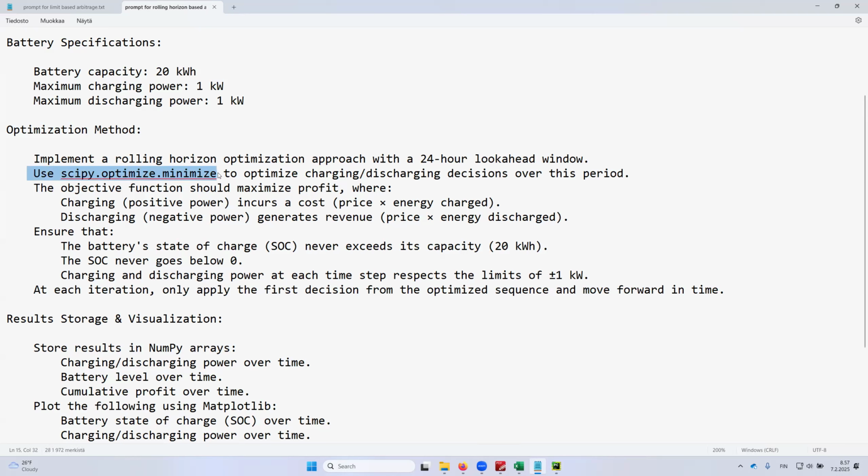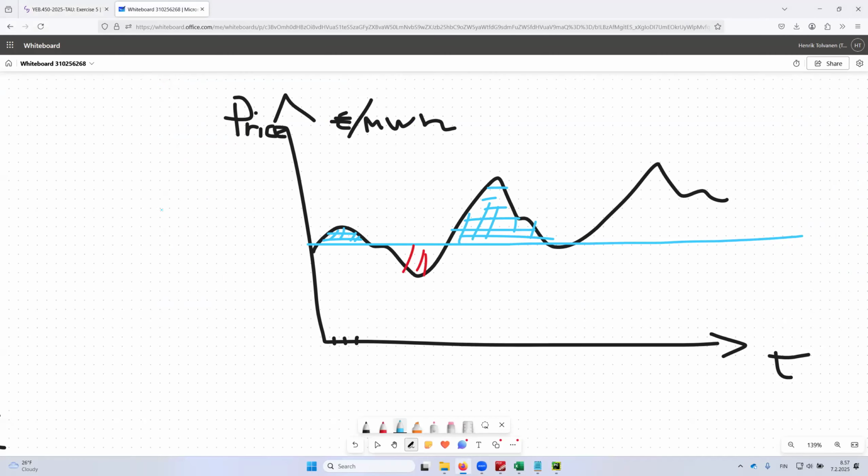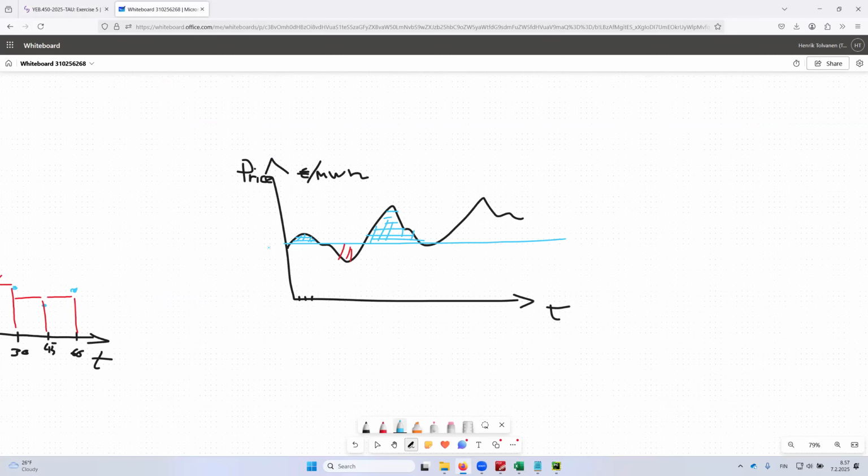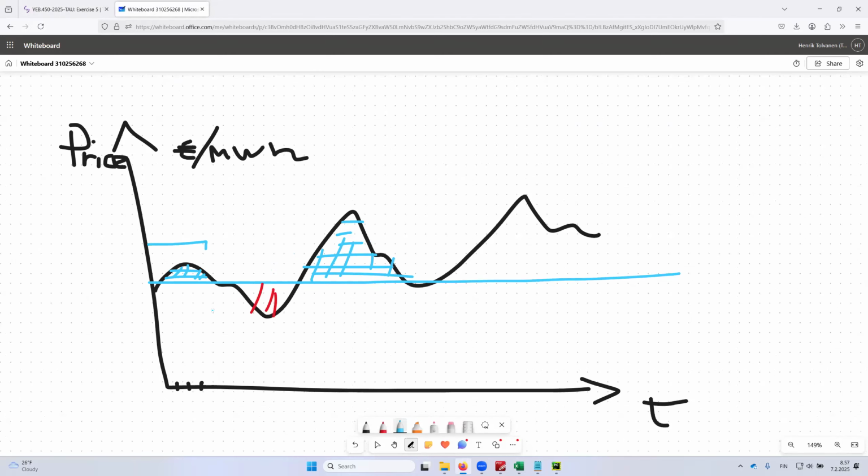And in here, it's specified what optimization method has been utilized. So it's going to optimize the charging and discharging. It's going to take 24 hours from here, for example, and then use these price values to determine an optimal charging and discharging strategy.